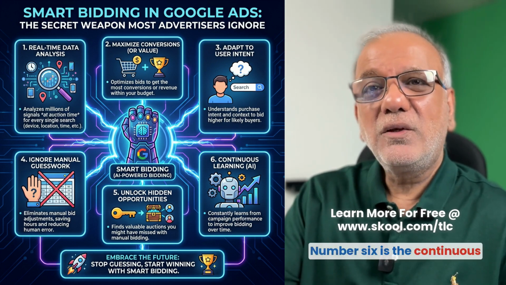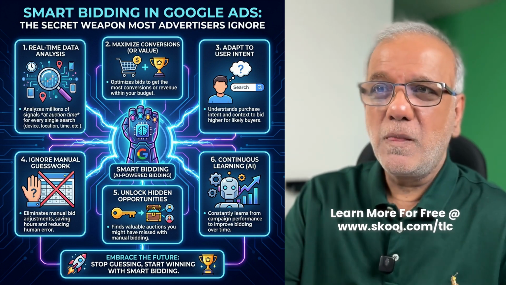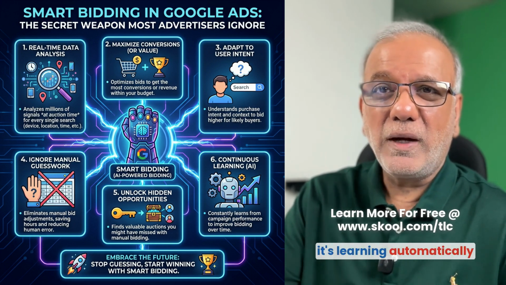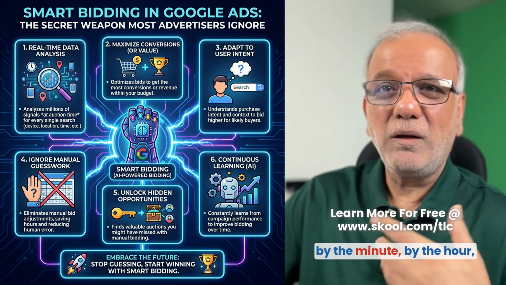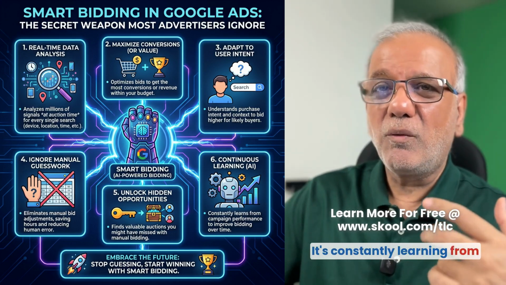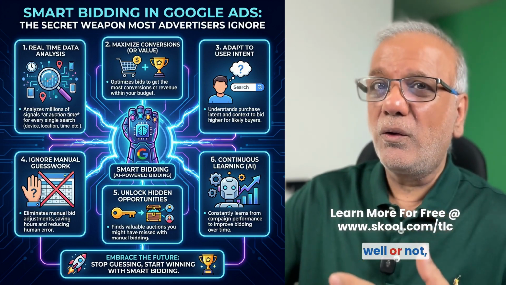Number 6 is the continuous learning of the AI, the bots, the program. It's learning automatically every time, by the second, by the minute, by the hour, by the day. It's constantly learning from the campaign performance, whether it's performing well or not.